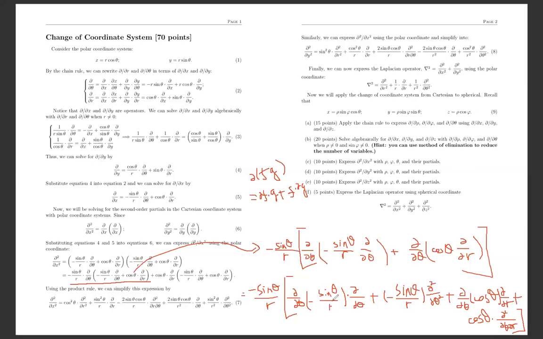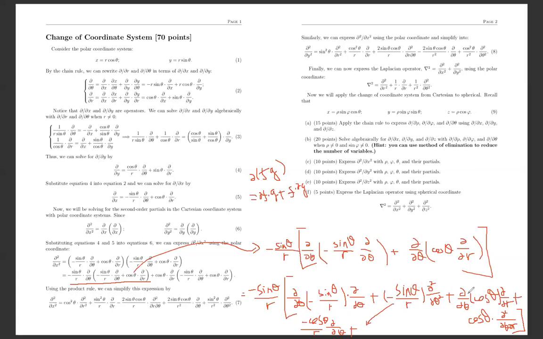Okay, so next you just evaluate these partials. Partial theta of minus sine theta over r is basically minus cosine theta over r, of partial theta. Plus this doesn't change, so you just rewrite whatever is here.